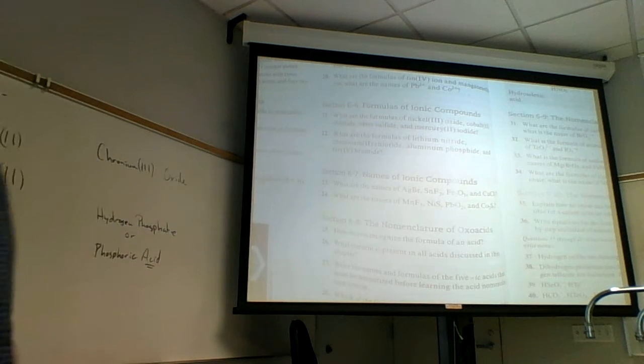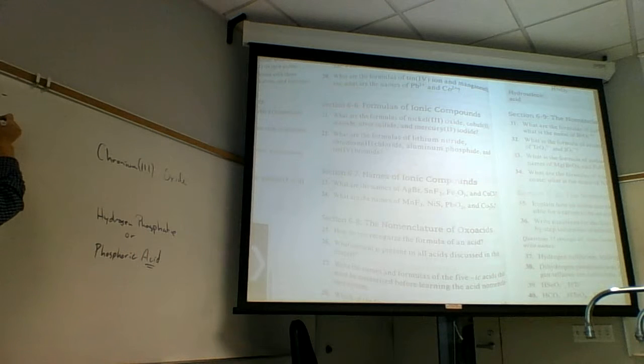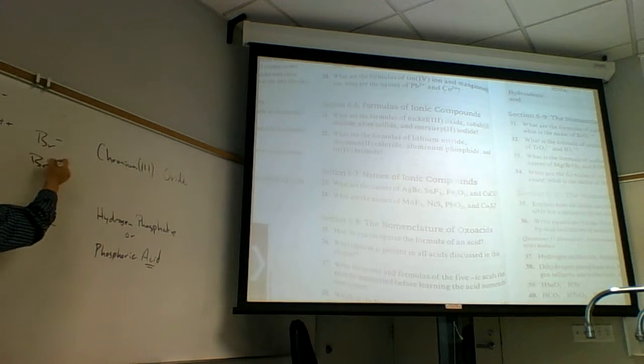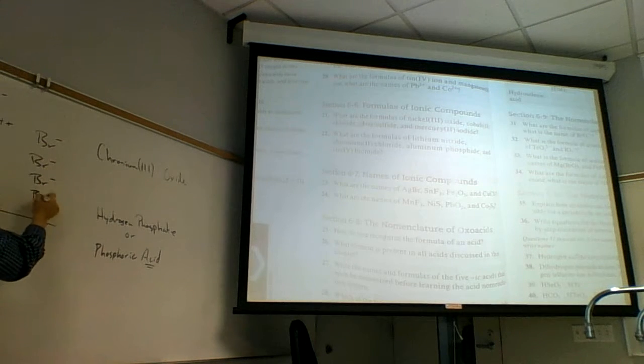Tin 4 bromide. So again, stannum or tin 4, this is 4 plus, and bromide is 1 minus. So how do we balance out the charge here? We're going to need 4 bromides to balance everything else. So SnBr4.